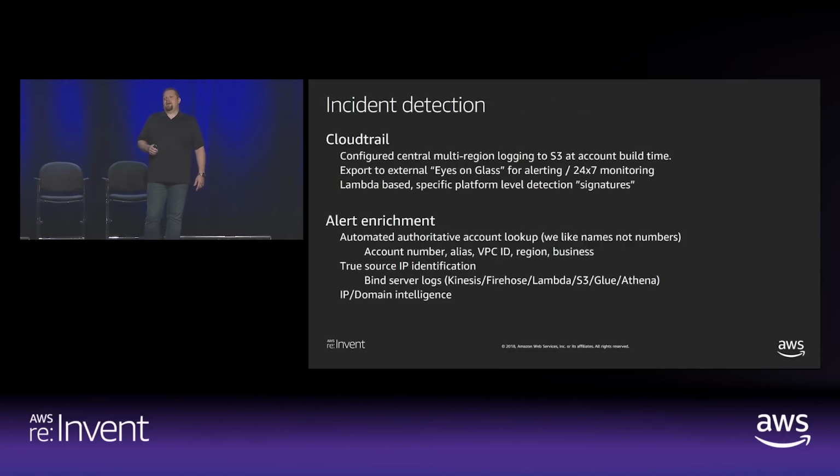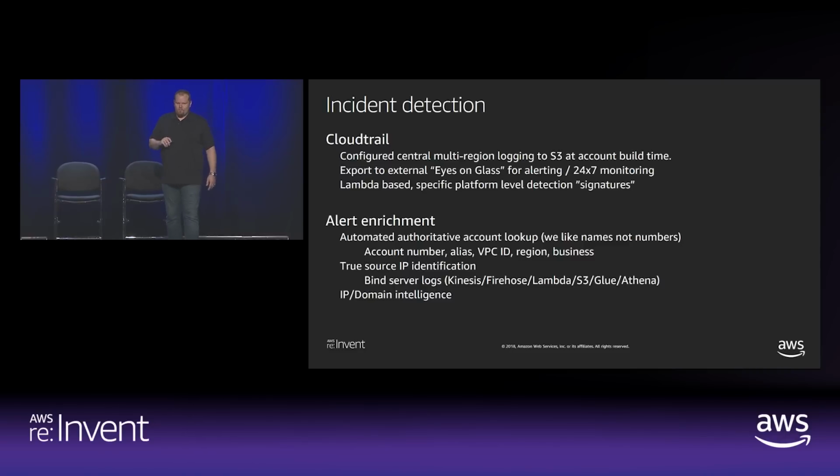Some of the other detection points would be CloudTrail. CloudTrail is a wealth of information of what's going on in your environments on the platform level based on your API calls that are happening. It can get really loud, really chatty, and it can get really expensive if you're shipping that off to some aggregator or something.